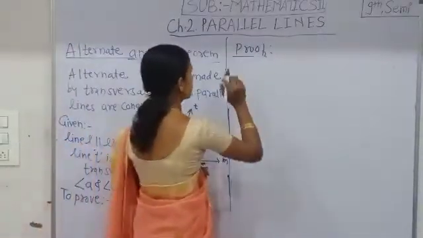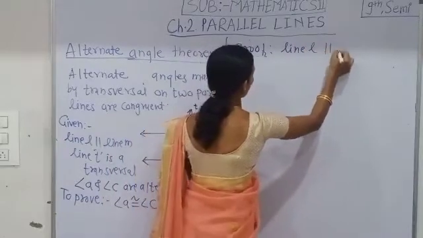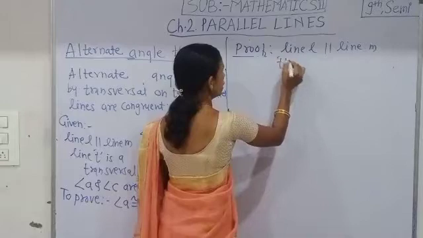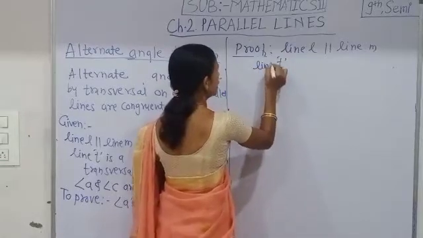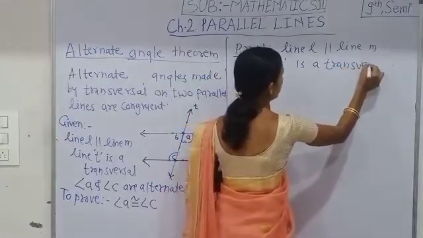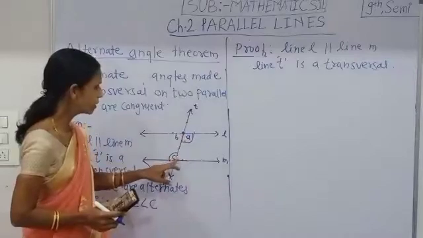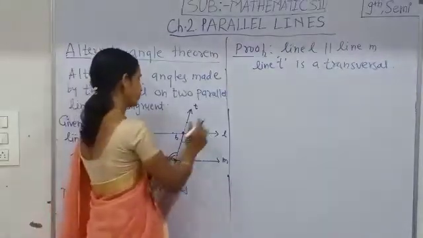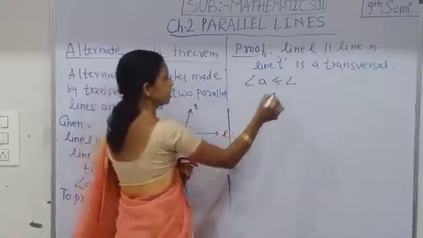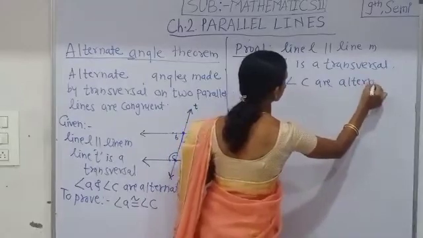Therefore, in the proof we write that line L is parallel to line M, and line T is a transversal which intersects those two lines at two distinct points. Then angle A and angle C are alternate angles.